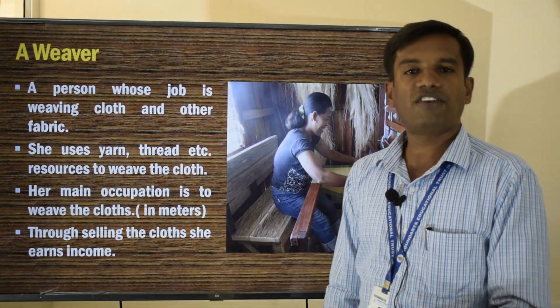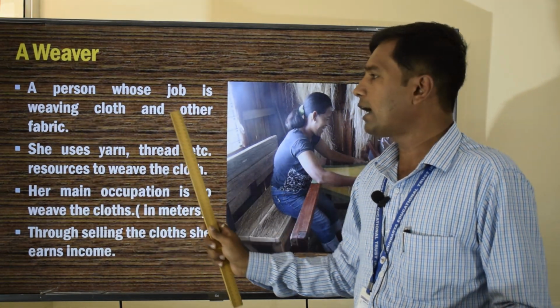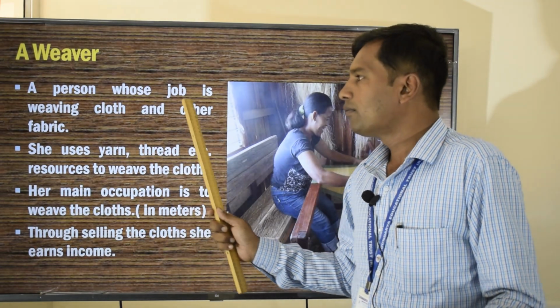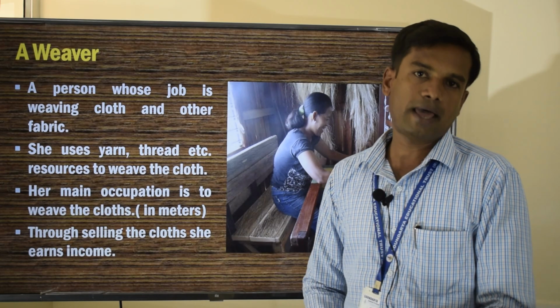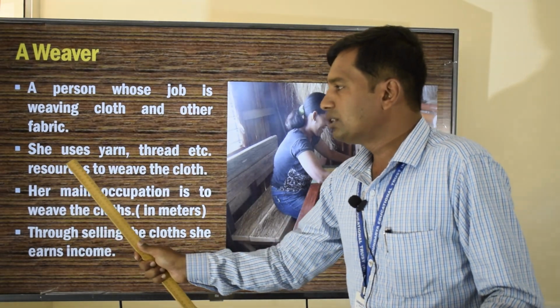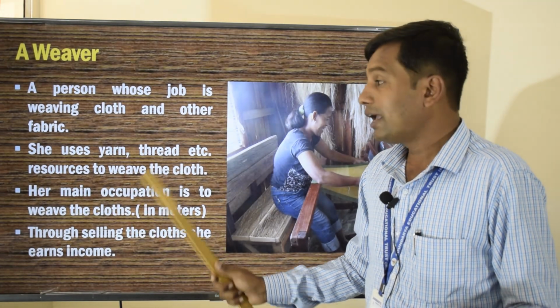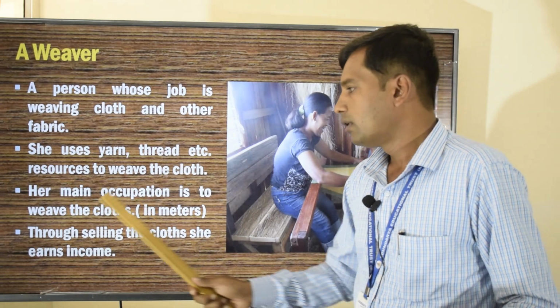Next person, a weaver. A person whose job is weaving cloth and other fabric. Who is a weaver? A person whose job is weaving of what? Cloth and other fabric. She uses yarn, a type of raw material, thread, etc. as resources to weave the cloth.